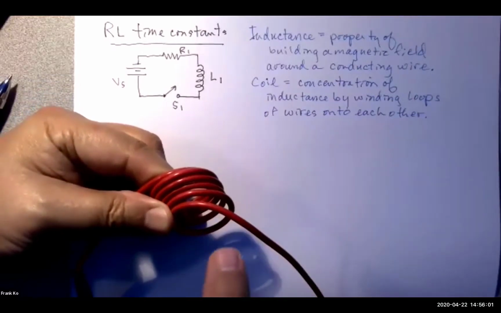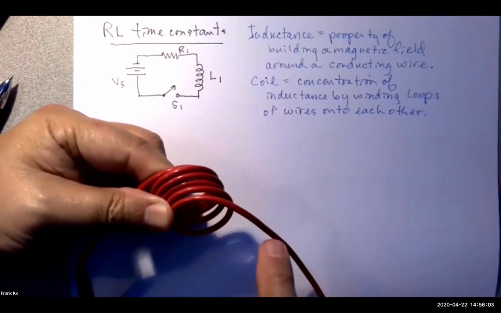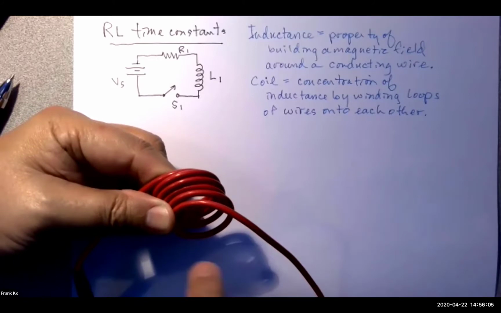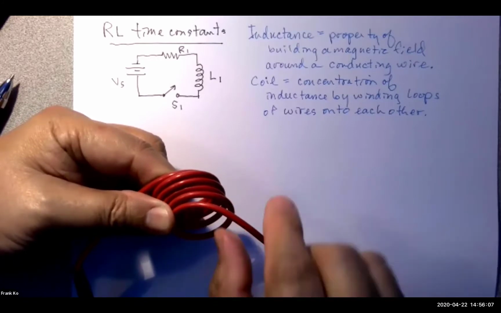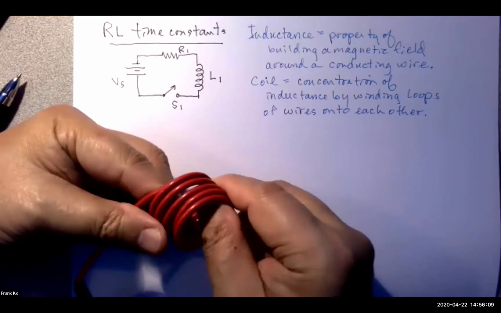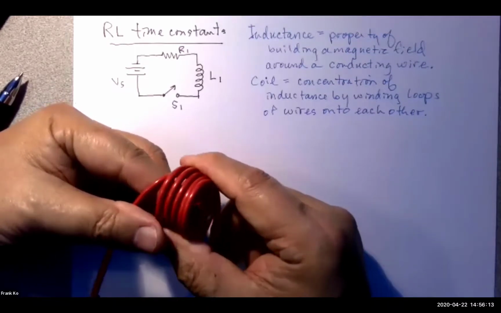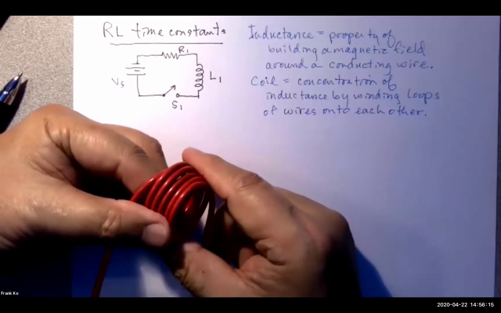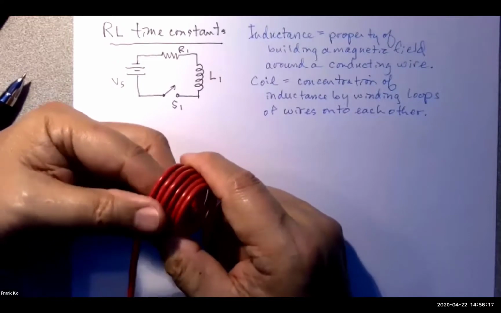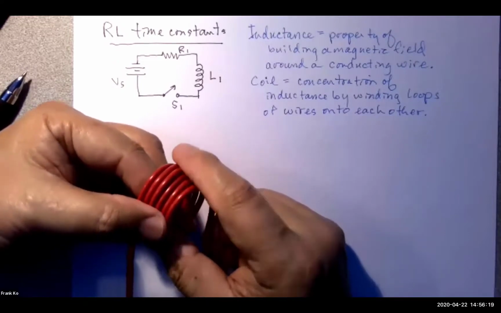And if I have electricity flowing through this wire, because I've now wound this wire into loops of the same diameter, intimately close to each other like so, I have increased the property of inductance, where this is now a useful thing.